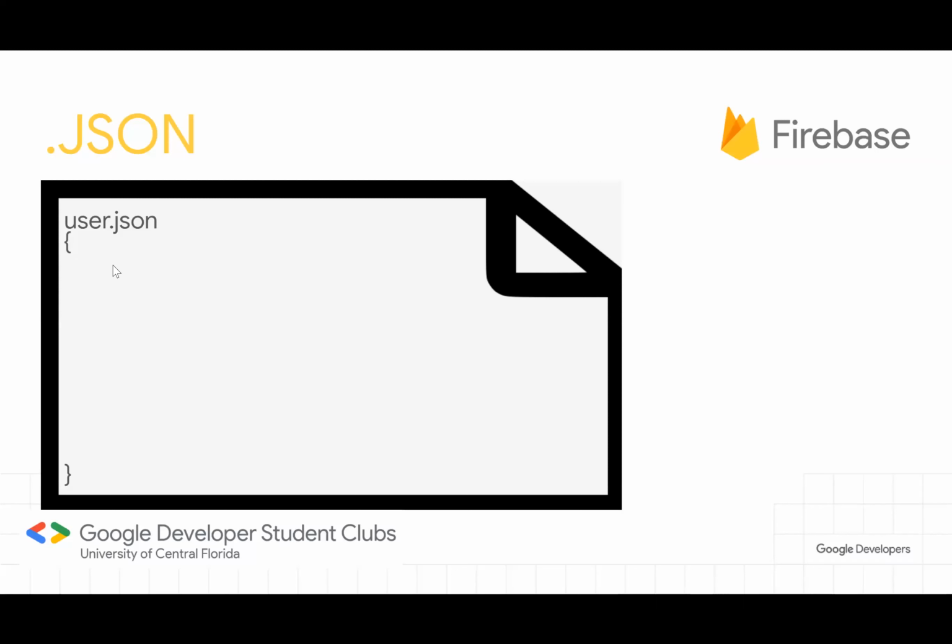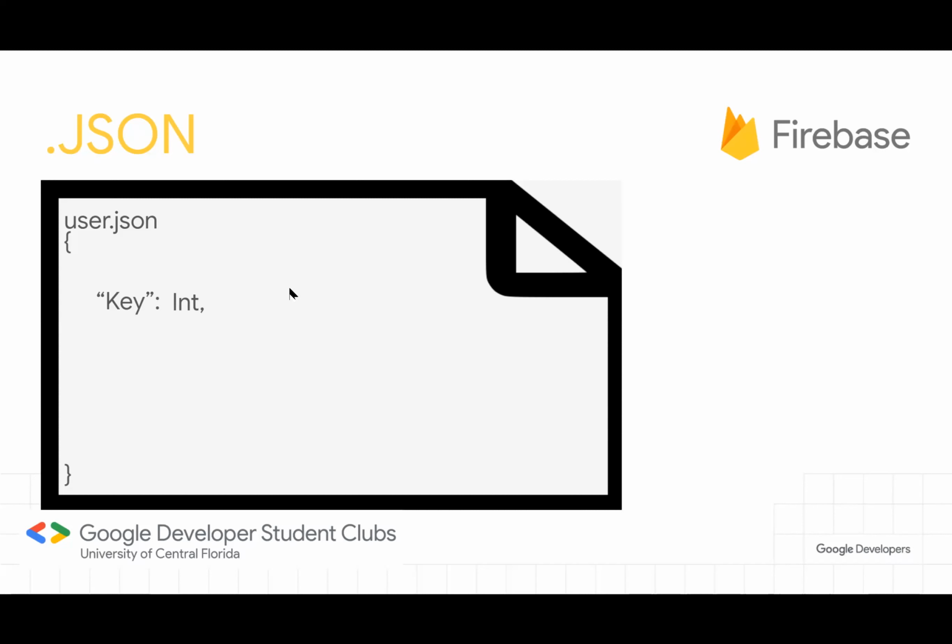And inside this object, we're going to have what's called a key, right? A key followed by some data value. And it's important to note that the key will always be surrounded by double quotation marks, and it's going to be followed by a colon and a value.